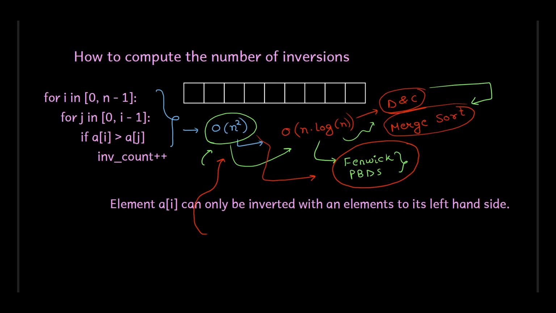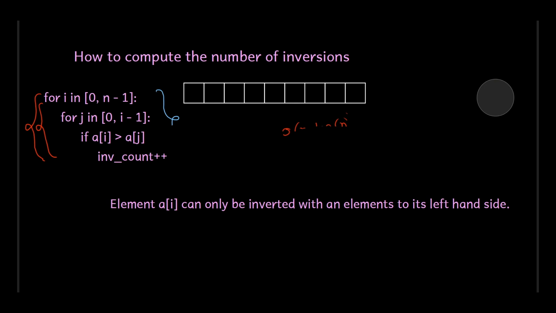Now notice that what we have just done over here is some form of contribution technique. Why? Because what we wanted to find is how many inversions are there in this array, and then we said that you flip the narrative and you instead ask, if I consider any pair i comma j, will it contribute to an inversion or will it not contribute to an inversion?